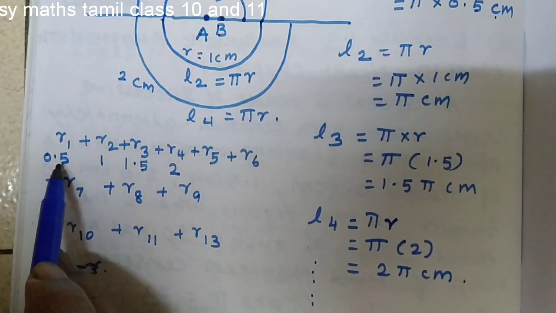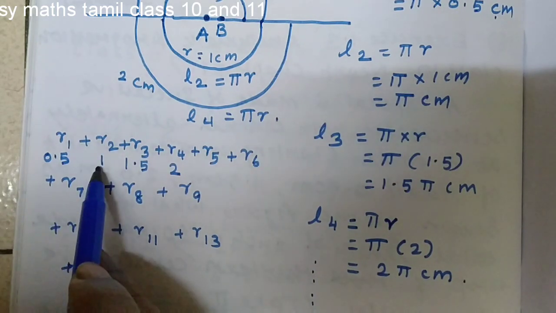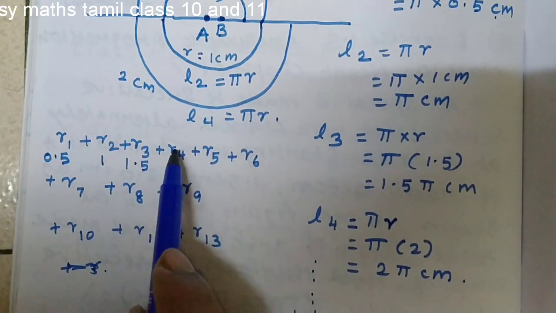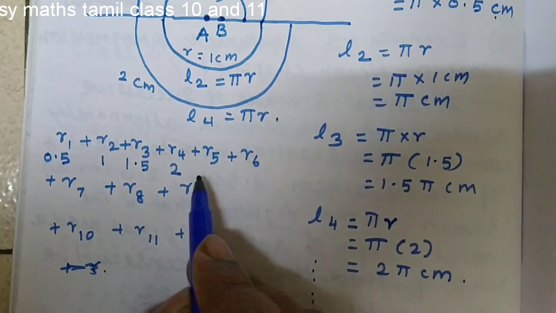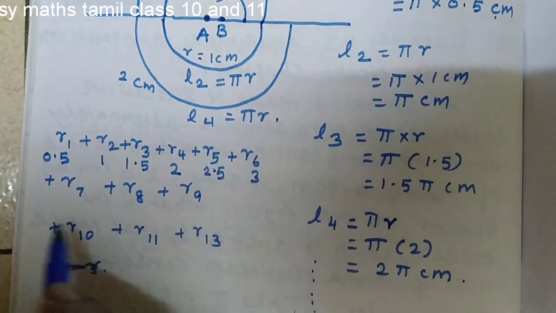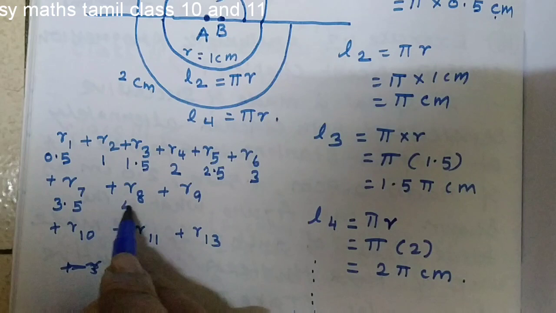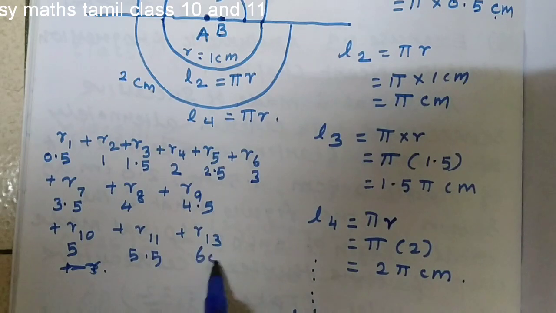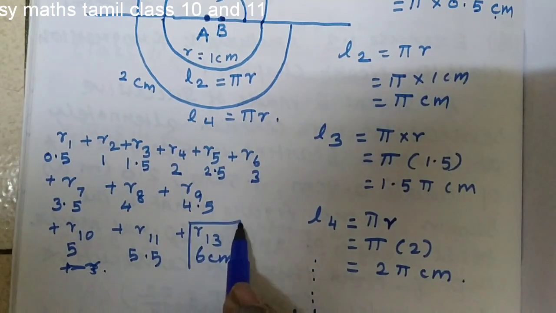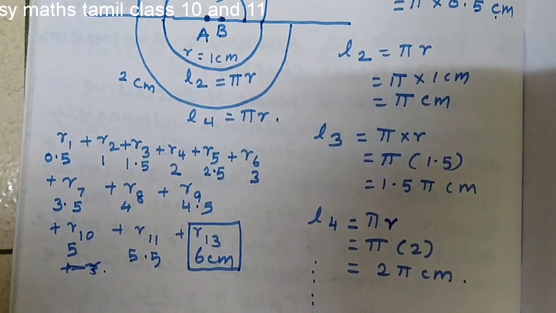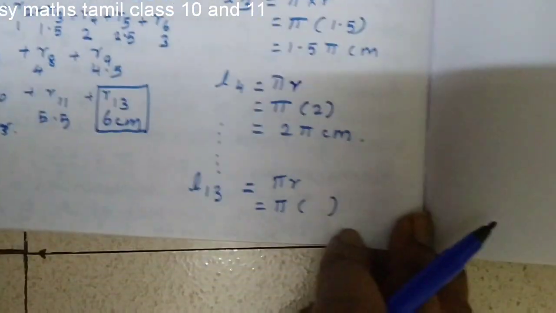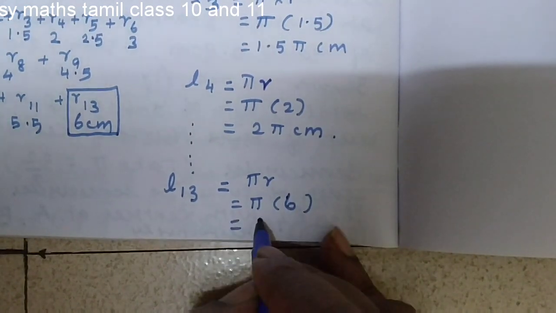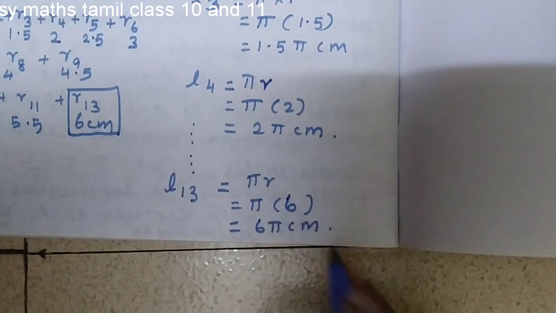The radius of the first semicircle is 0.5, the radius of the second semicircle is 1 centimeter, the third semicircle is 1.5, the fourth semicircle is 2, 2.5, 3, 3.5, 4, 4.5, 5, 5.5, 6 centimeters. So the radius of the 13th semicircle is 6 centimeters. Substituting that value here, 6 pi centimeters.